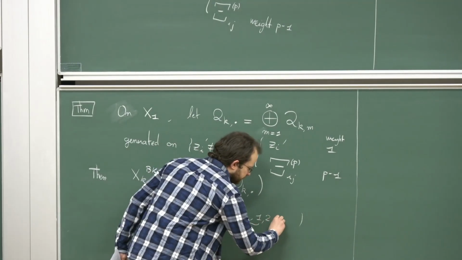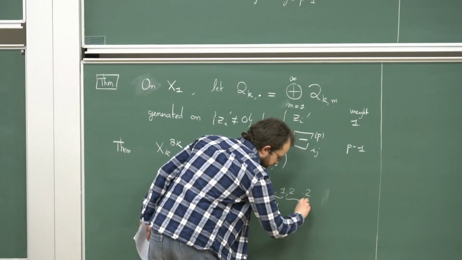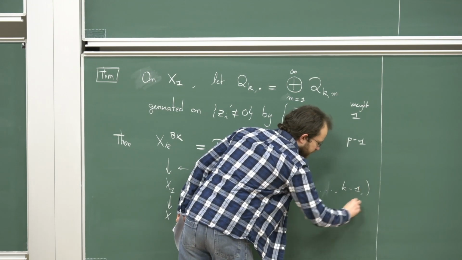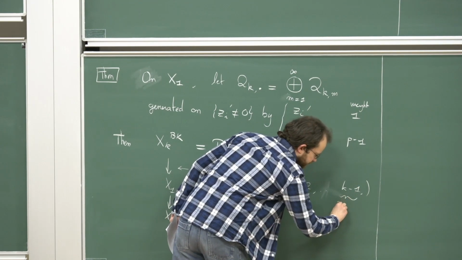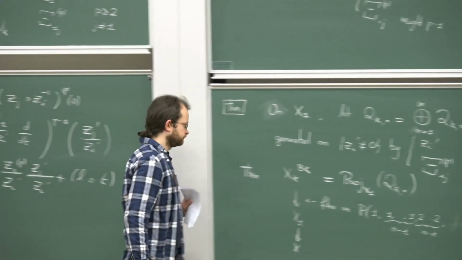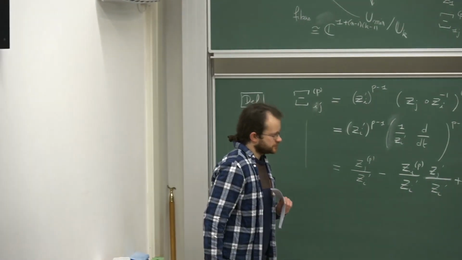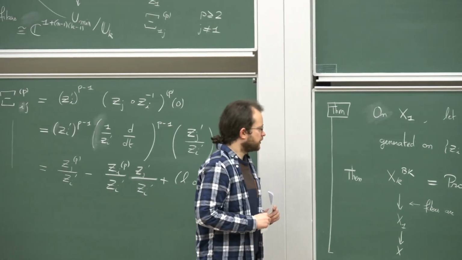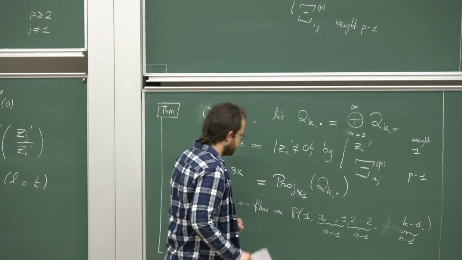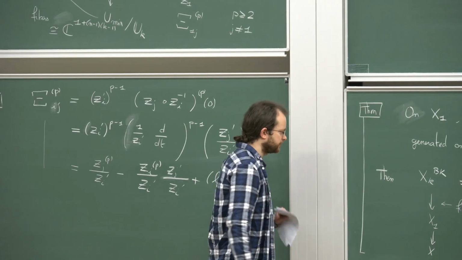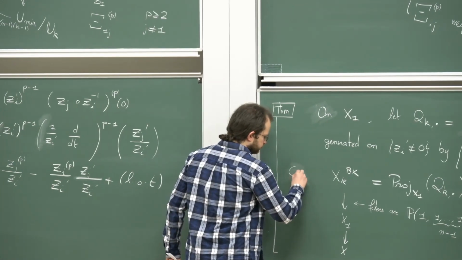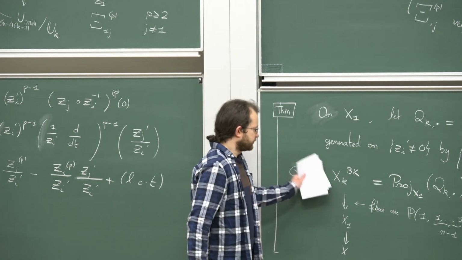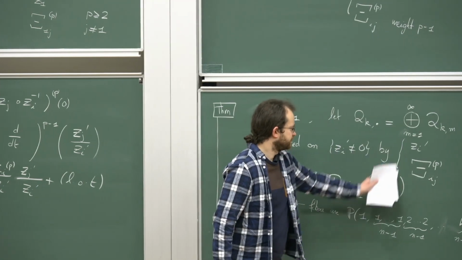Weight 2, again n minus 1 times, until weight k minus 1, also n minus 1 times. So you have this space, and if you describe it that way, it comes with an orbifold tautological line bundle given by the standard tautological bundle associated to this algebra.